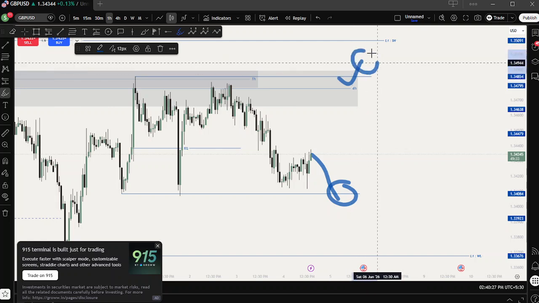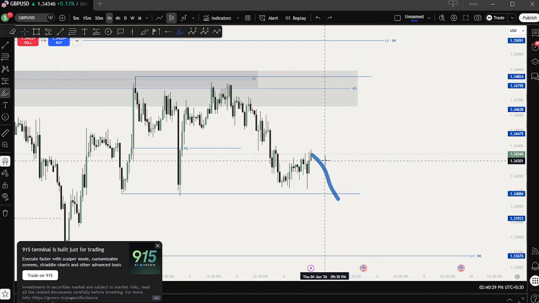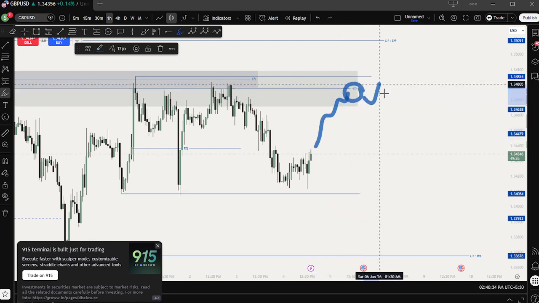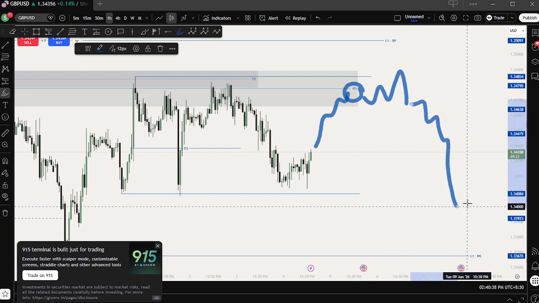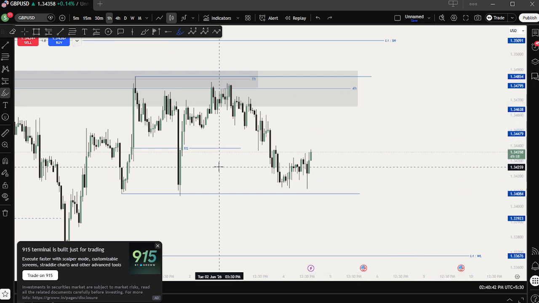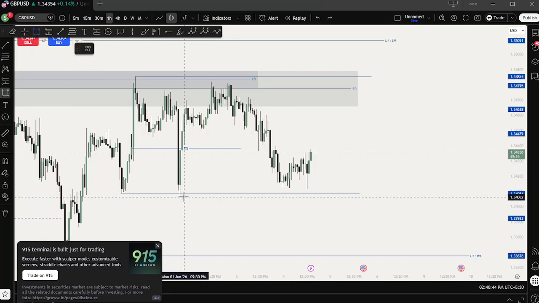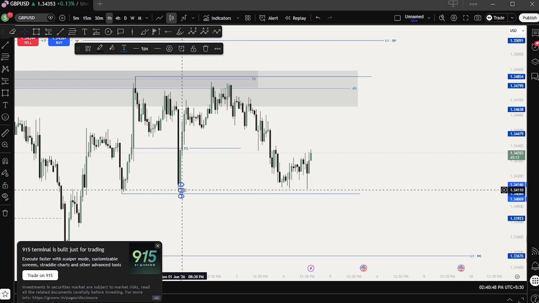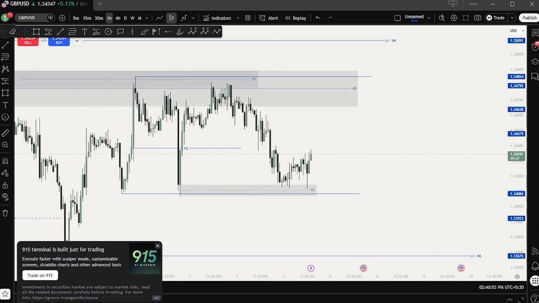If it violates this level, or if price comes up to this level, I can potentially look for sell side opportunities again, to then target those lows. By the way, if you look at this, the level that buyers defend was created at this moment, which is a one-hour fractal zone.